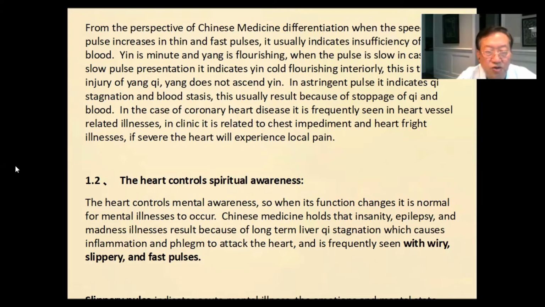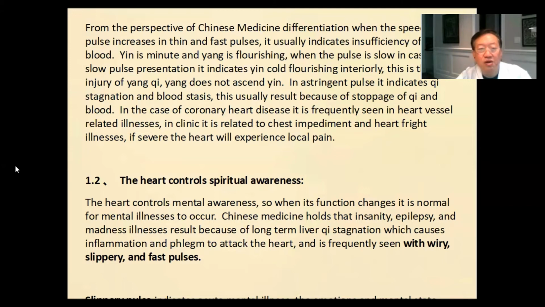The heart controls mental awareness, so when its function changes, it's normal for mental illnesses to occur. Chinese medicine holds that insanity, epilepsy, and madness illnesses result because of long-term liver qi stagnation, which causes inflammation and phlegm to attack the heart, and is frequently seen with wiry, slippery, and fast pulses.